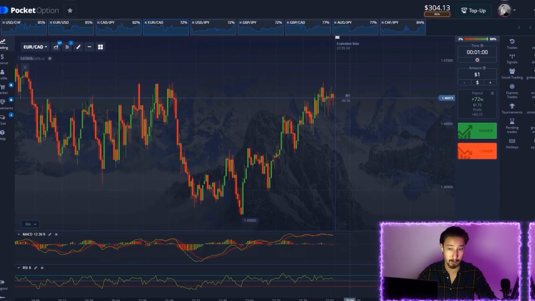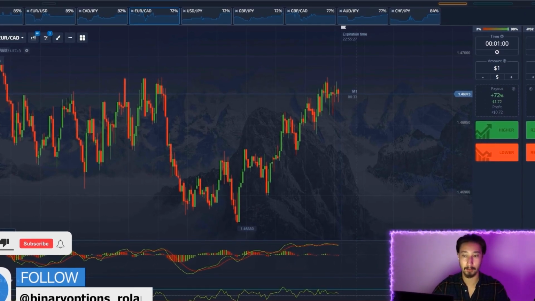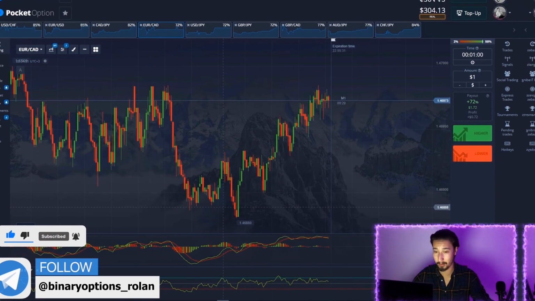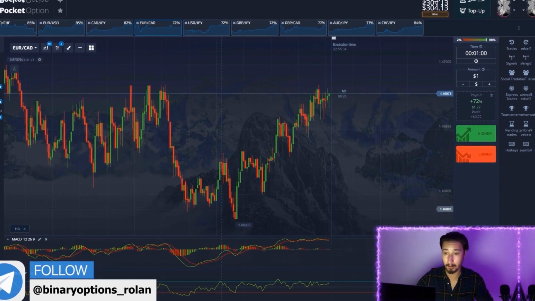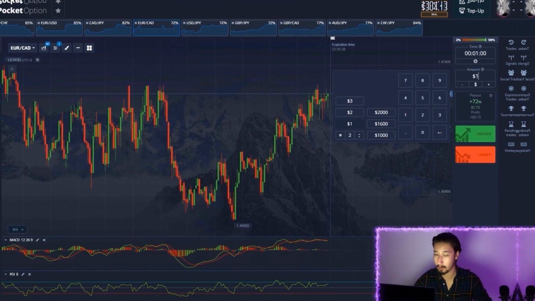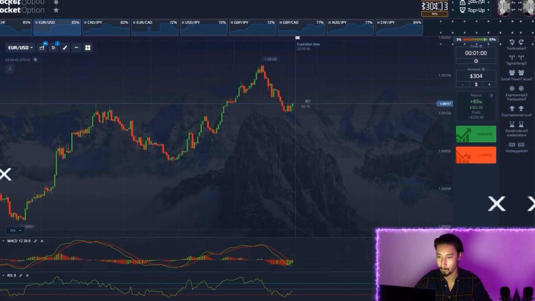Not to mention that we should never forget about the support and resistance zones. Almost forgot about it too. So let's get started. Let me just update the trade amount because I almost forgot about this too, and let's get started.